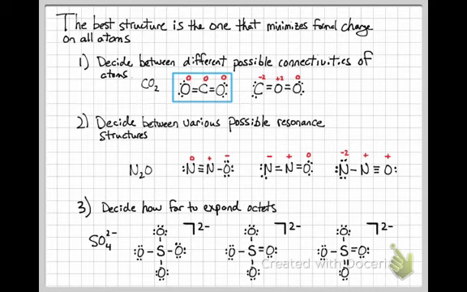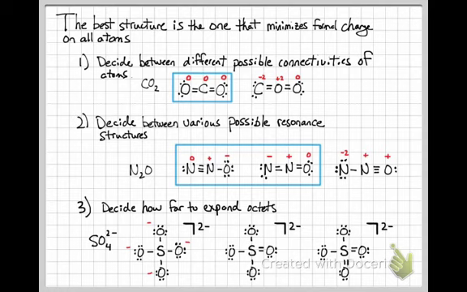And since the other two have equivalent formal charges, we're going to circle those as being the best structures. We will talk about a way to even possibly distinguish between these resonance structures which have similar formal charges in another lecture.